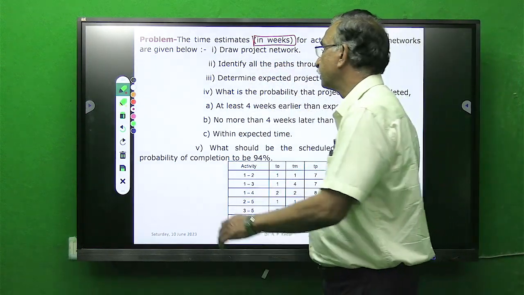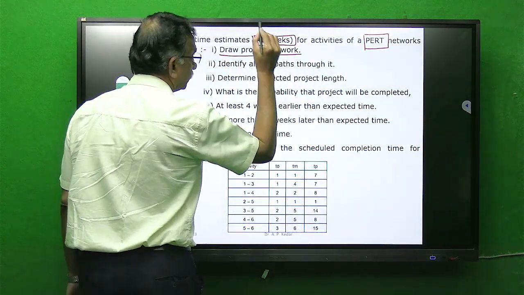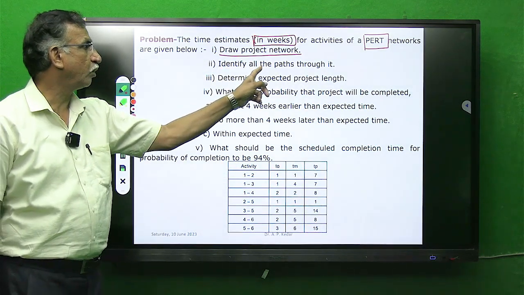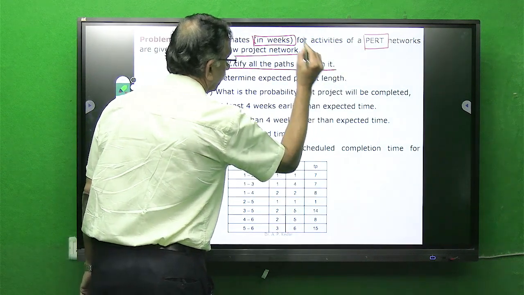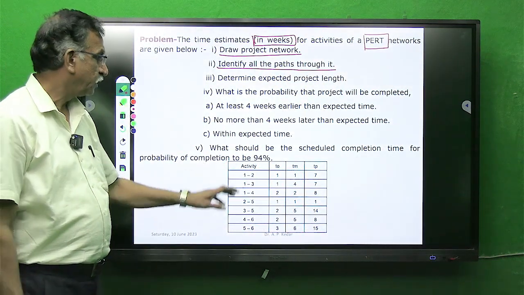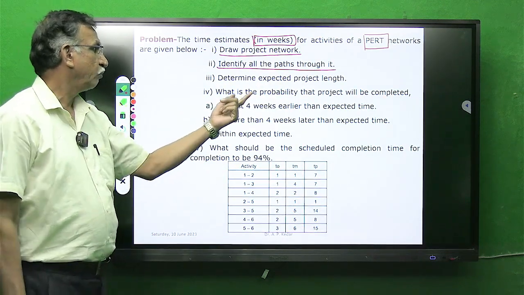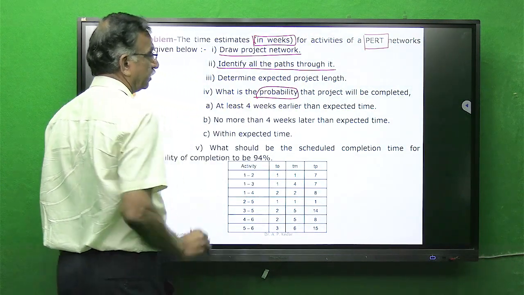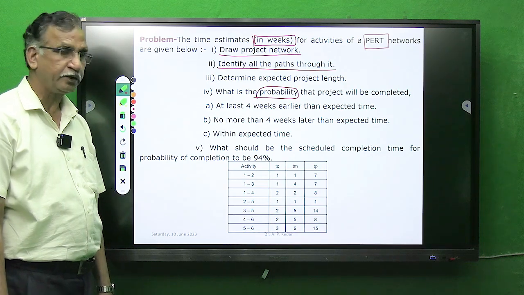What is asked? Draw project network. First we have to draw the project network. Second, we have to identify all the paths of this project, once we draw this particular network. Determine expected project duration and what is the probability. In the previous slide I mentioned that in PERT problem we are supposed to find the values of probability.